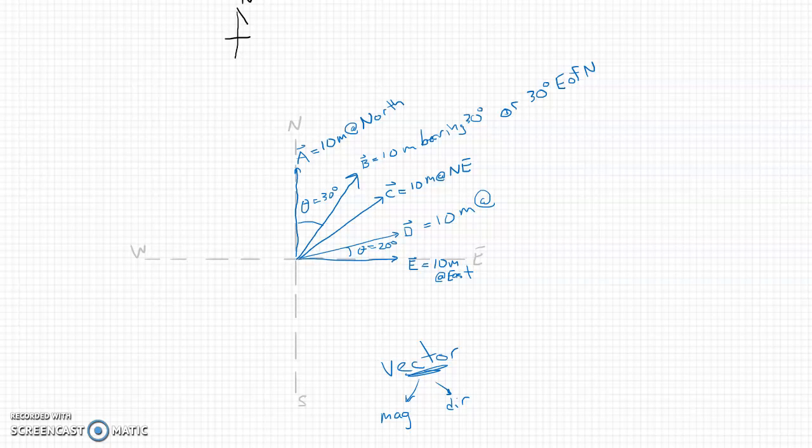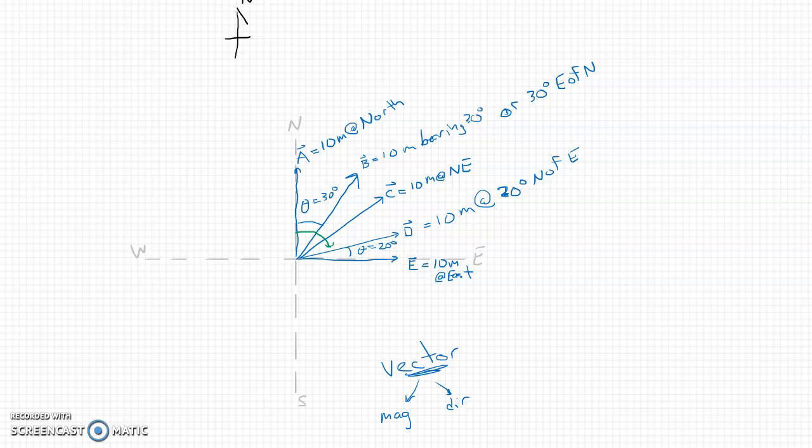Likewise, down here, let's say I was to have a protractor and I measured this right in here. One way we could talk about this is saying 10 meters at 20 degrees north of east. And if we were doing it in the bearing, well, bearing would be measured from the north all the way over here.